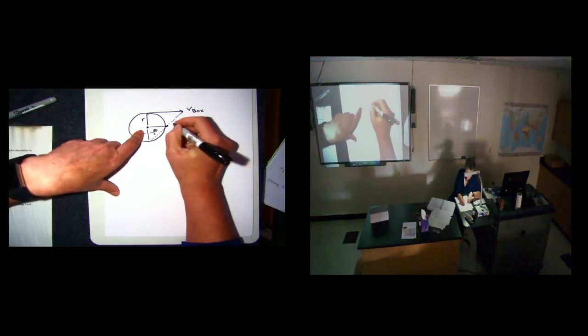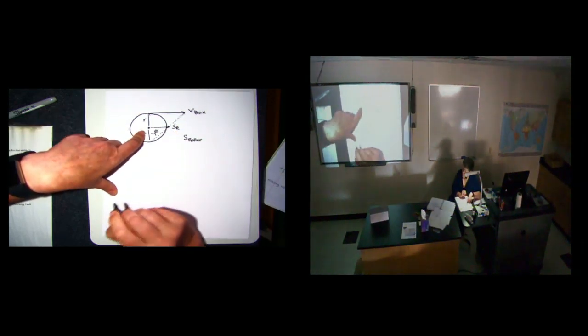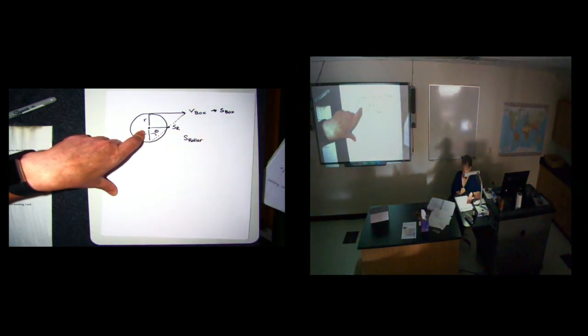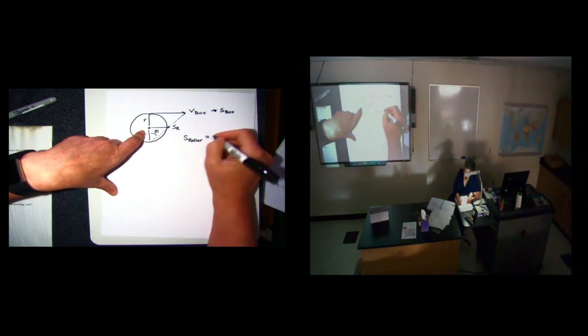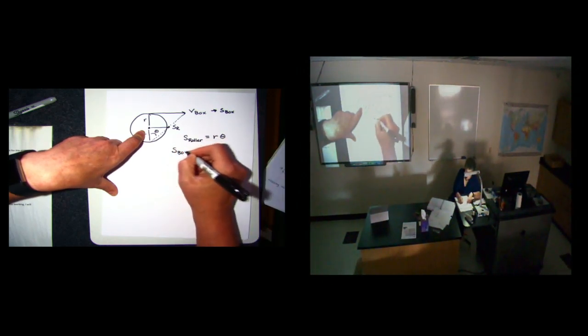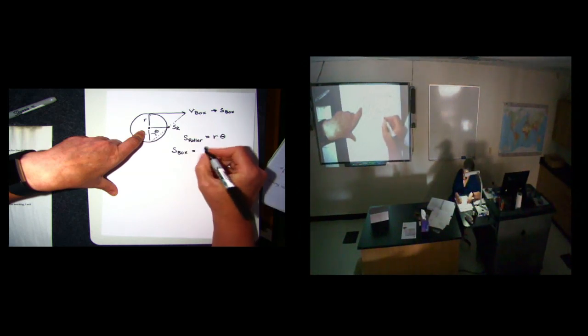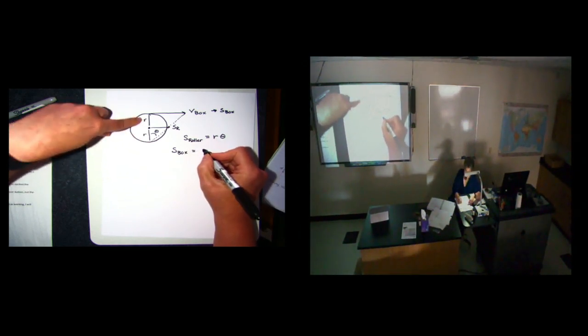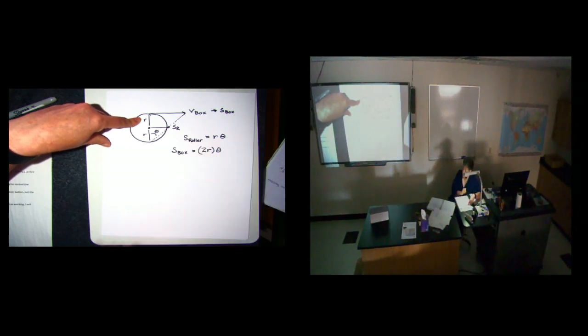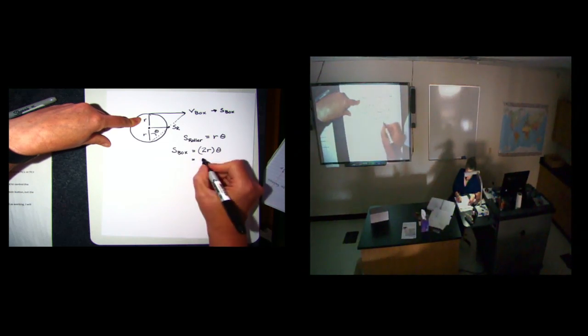So now if I do dS box, which gives me the velocity of the box, that's just d(2R theta) with respect to time, which is 2R d theta with respect to time, which is equal to 2R omega. So the velocity is 2 times the radius times omega.